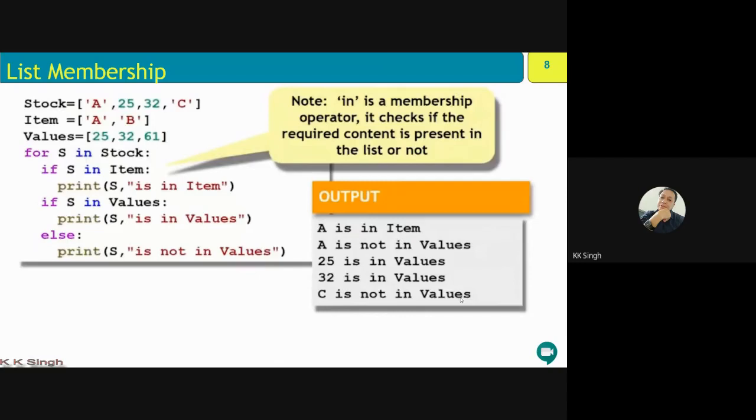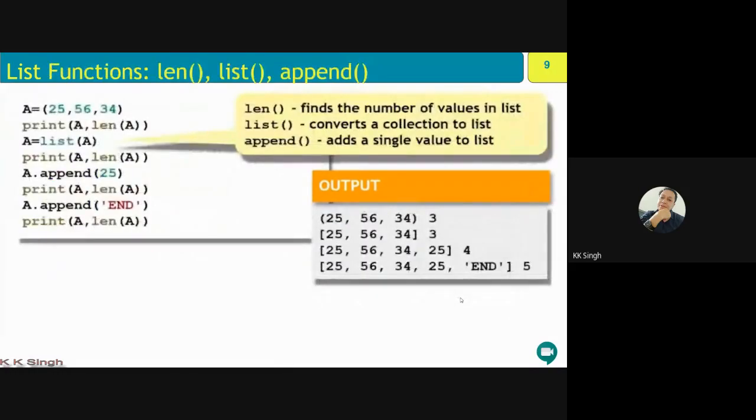Now next, you will observe that over here I am going to typecast some values. A is equal to 25, 56, and 34, so A is a tuple here.